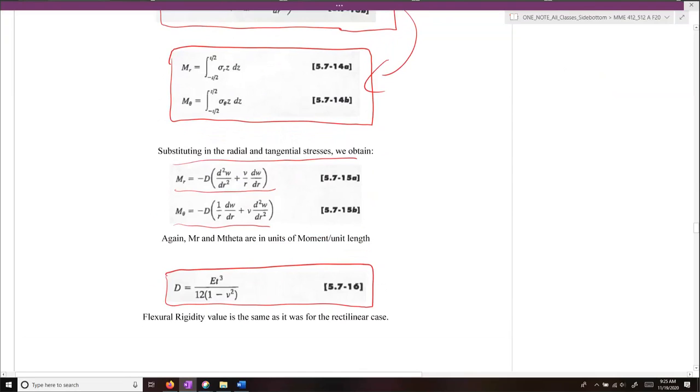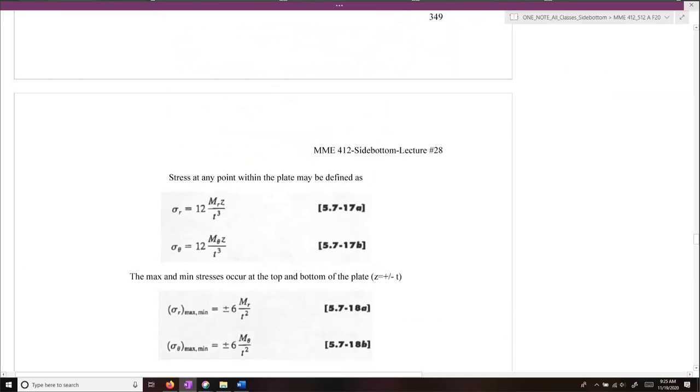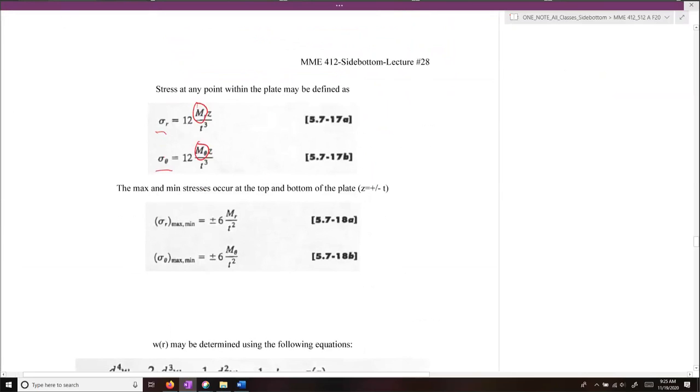So now, instead of a partial differential equation, we have an ordinary differential equation, so we can solve it more directly. Now that we have equations for m of r and m of theta, we can solve for the stress sigma r in the radial direction and the theta direction. The maximum and minimum stresses again will occur at plus or minus t over 2.